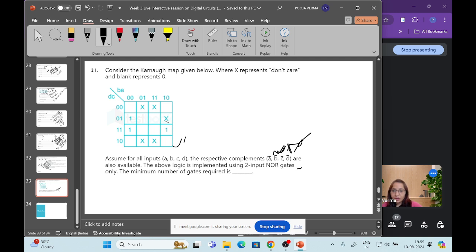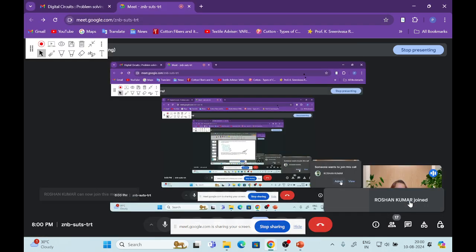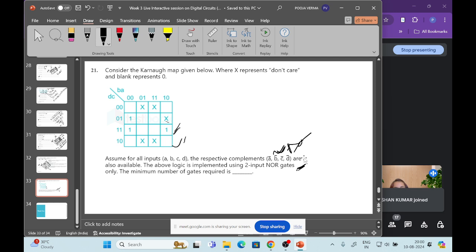Now first we need to find out the Boolean expression for this. Then for these Boolean expression we need to implement using two input NOR gate. Okay. Then the minimum number of gates is required. Then how many gates will be required? That means we don't need to consider the NOT gate, because complemented inputs are also available.